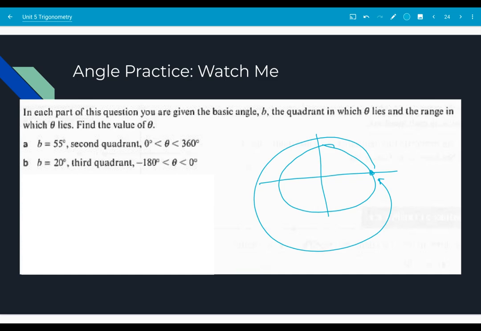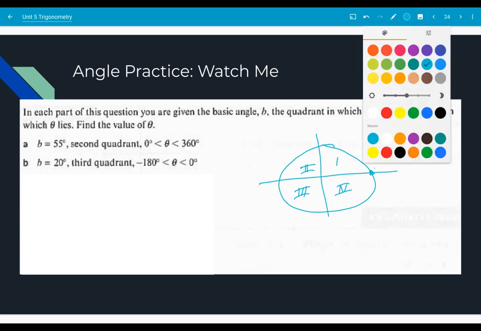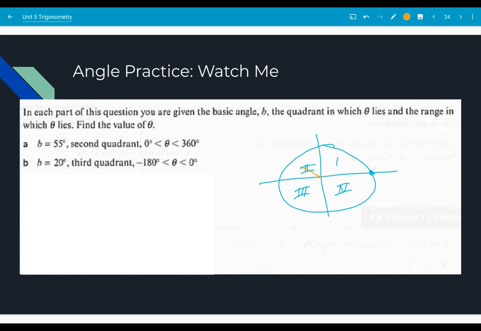It also tells us theta is in the second quadrant. Remember this, 1, 2, 3, 4 goes around like a C. So we are in the second quadrant, 55 degrees. So let's think.